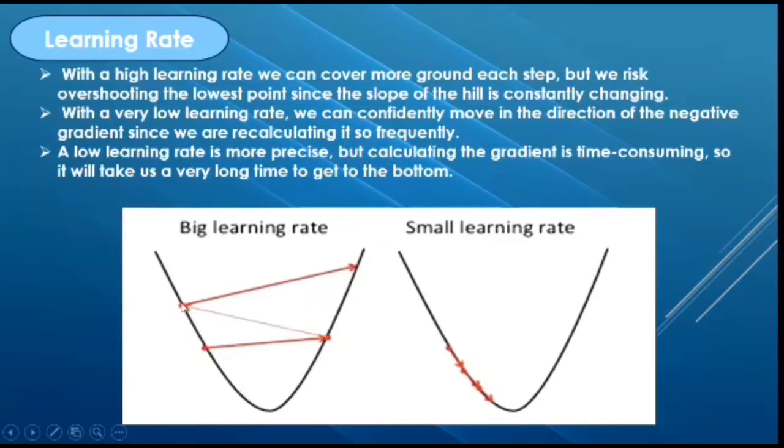If it starts over here, it will not come down but overshoots over here. From here it reaches the left side and from here it again comes here. Since the learning rate is very high, it will never reach the global loss minimum. Instead, it keeps on oscillating between these two walls of the curve. This is what happens when the learning rate is very high.